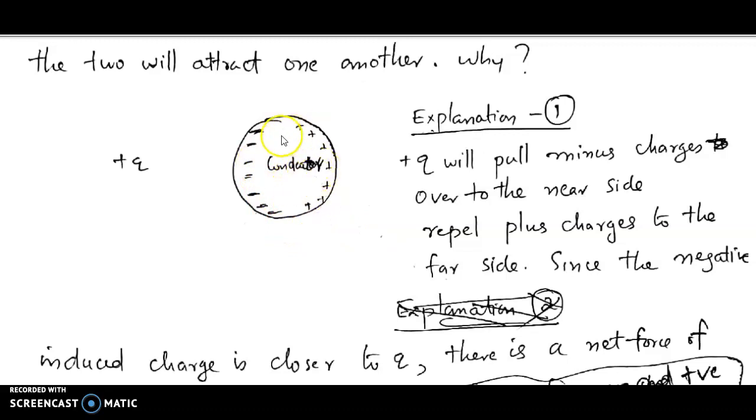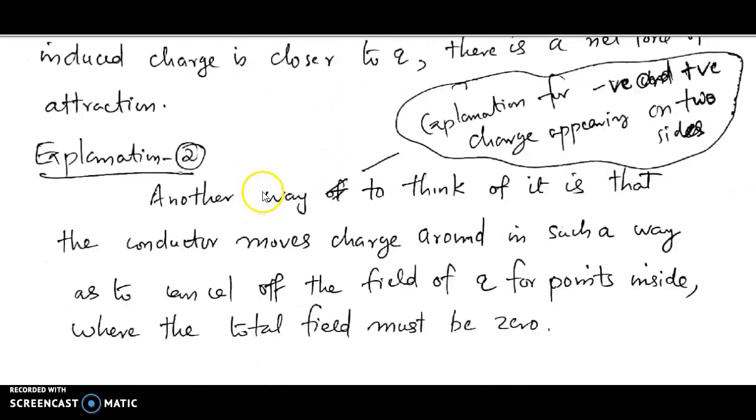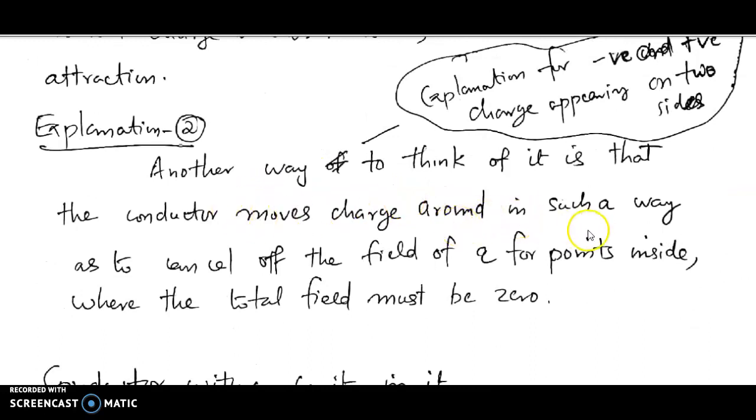So the conductor will rearrange the charges in such a way that the field developed inside the conductor exactly cancels the field due to this charge, so that the net field inside the conductor is zero. So in that way also we can explain how the charges appear on the two sides.